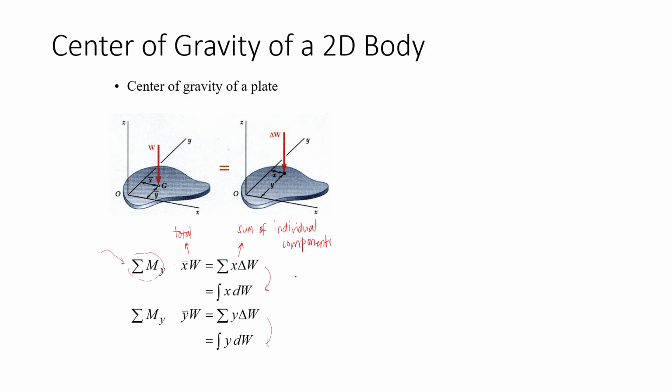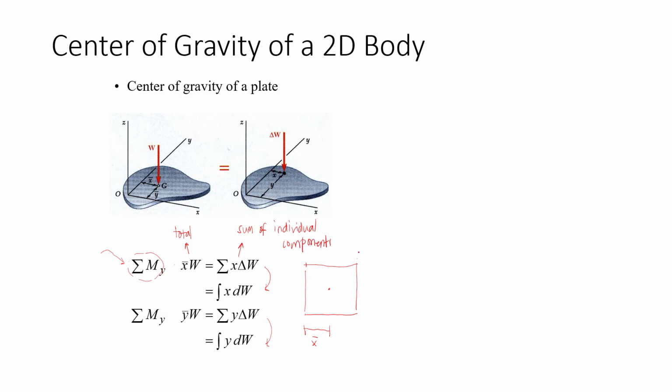So for us to understand it a bit more, try to imagine a square. Of course, this one is the total weight, diba? Let's say this is the total weight of the square, and the centroid is this one, bar x. The right-hand side is the sum of the individual components.